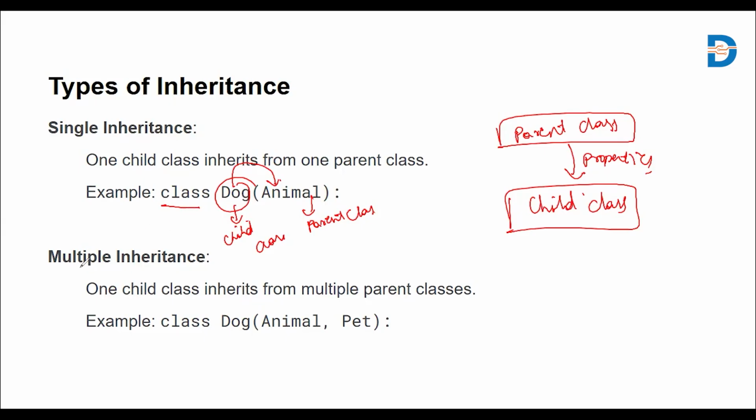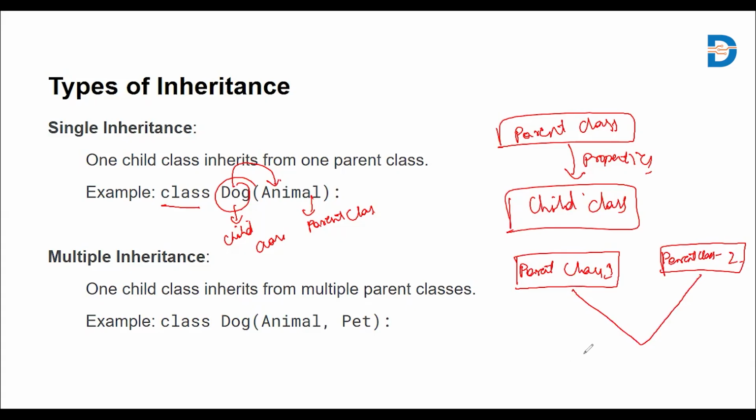Next you have another type, multiple inheritance, where one child class inherits from multiple parent classes. If this is parent class 1, it will have one more parent class, parent class 2. Both parents' properties are inherited by one child class.